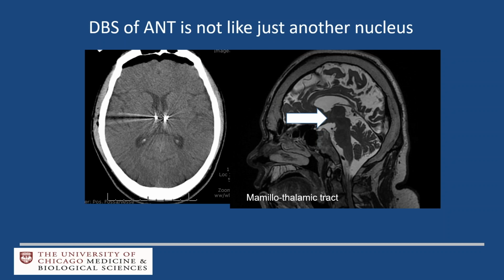That is critical because if you're too deep, you will hit the mammillothalamic tract and the patient will have significant side effects, and if you're too lateral or too medial, you will not have a good effect on the epilepsy. So here it is critical that you can prove, before you leave the OR and fix the electrode, that you are in the right position.